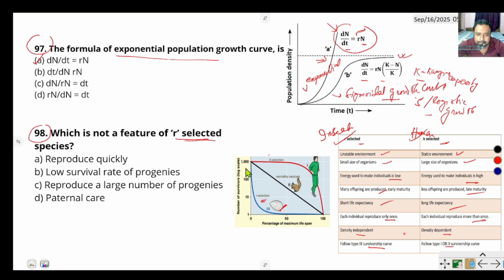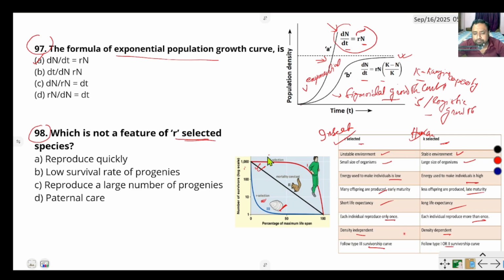In the type 3 survivorship curve, in the young stage the number of population is high, but it decreases rapidly as age increases. But in case of the type 2 curve, death and birth rates are equal or drop steadily.